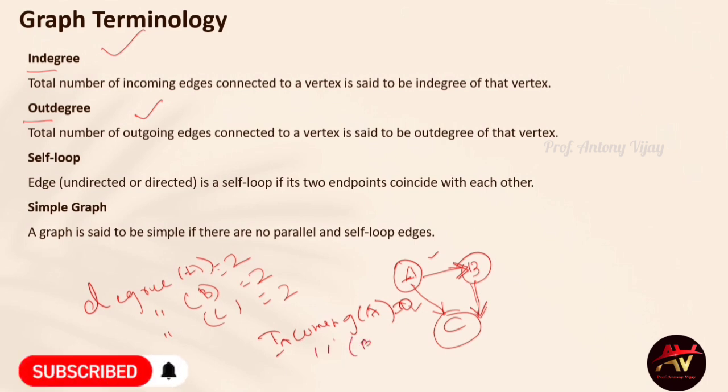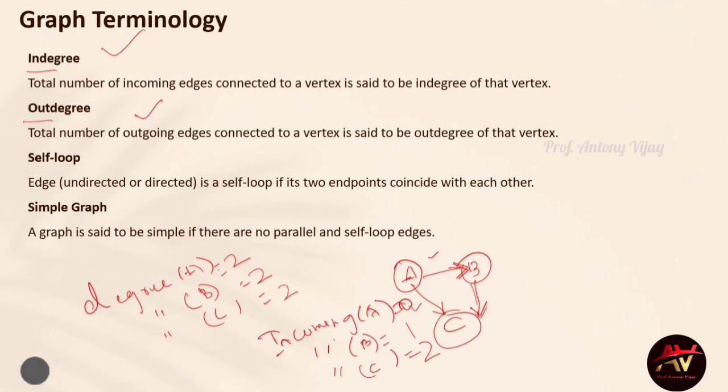How many incoming degrees are there? One from A, so only one. What about the incoming degree for C? C has incoming degree from A and one from B. So totally the incoming degree for C is 2. This is called incoming.